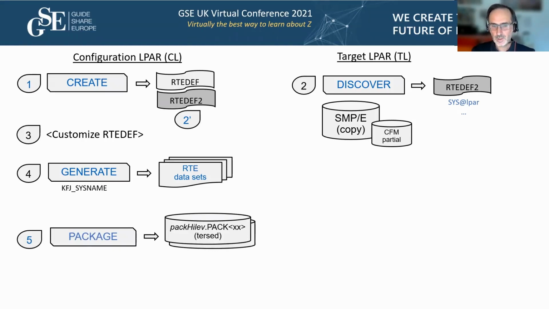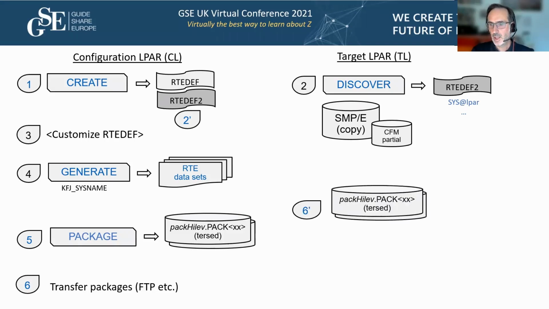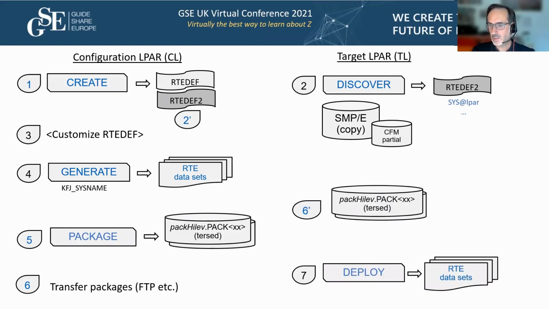You could terse it or not. You can transfer those packages over to your remote system if they are not shared from a tape or a storage perspective. And then you would run the deploy action to deploy them on the target system. So that's really the flow of actions that you would run.